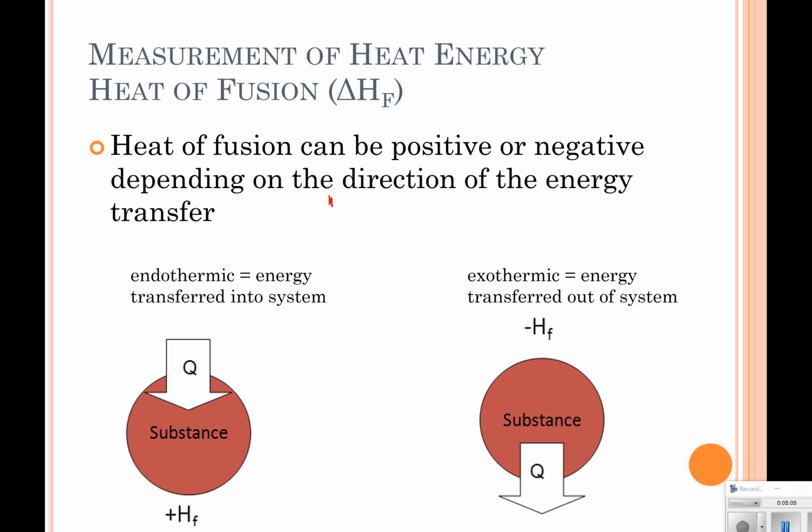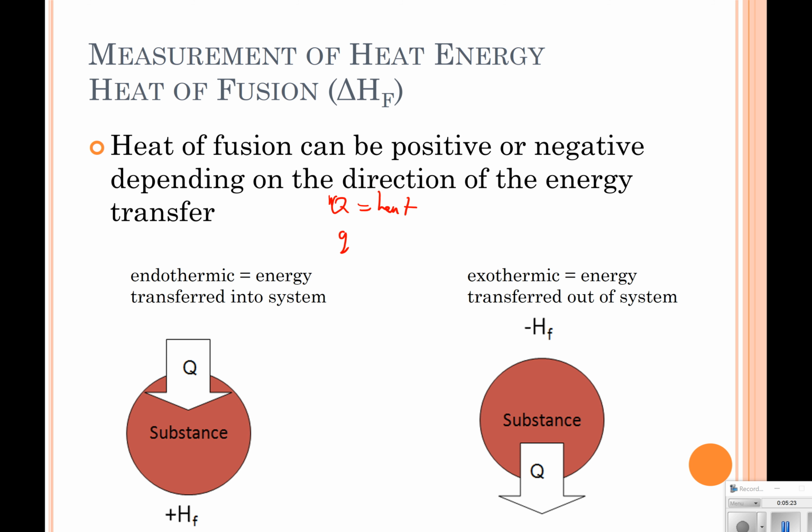So the heat of fusion can either be a positive or negative value depending on if the change is endothermic or exothermic. If we have a net input of heat, in this case Q is equal to heat. We see it in calorimetry as a lower case q.